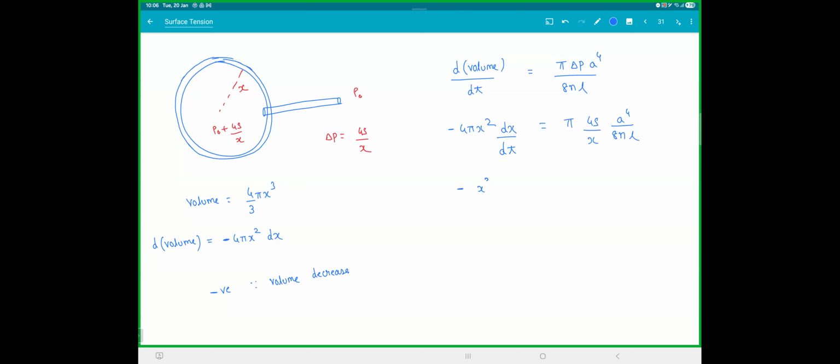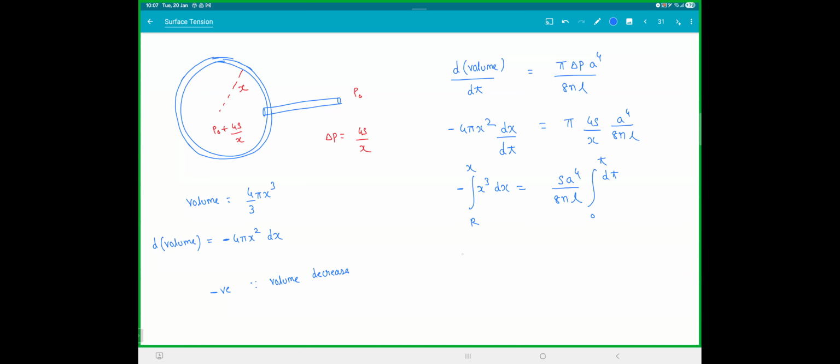This guy will be minus x cube dx. Pi and 4 will go off. You end up with s a power 4 by 8 eta L dt. Integrate, this will go from r to x and this will go from 0 to t.